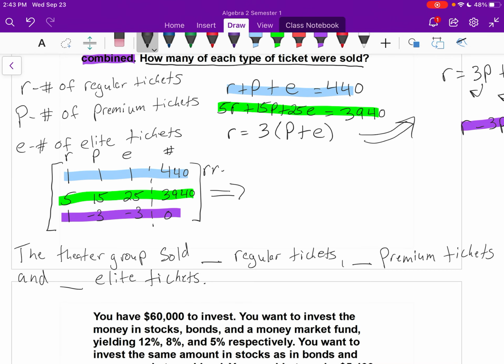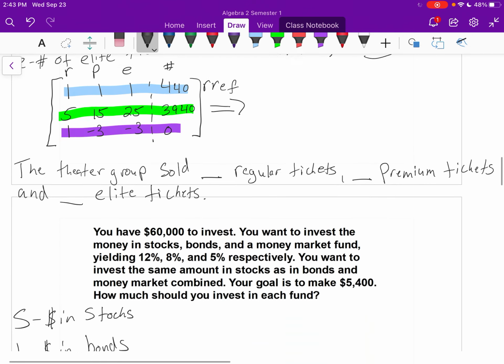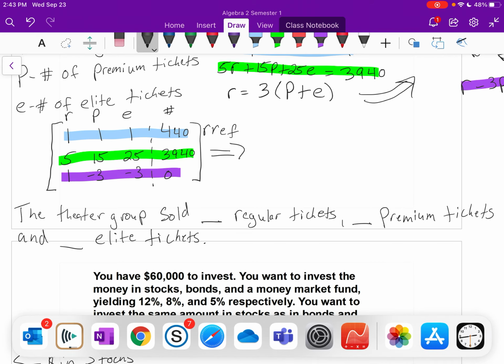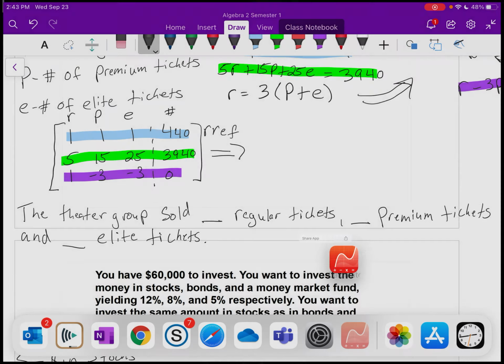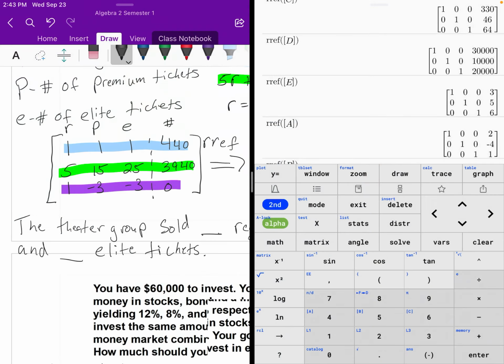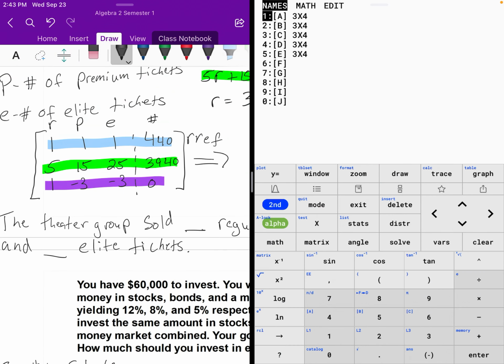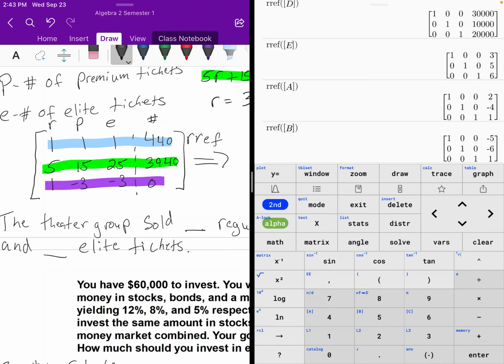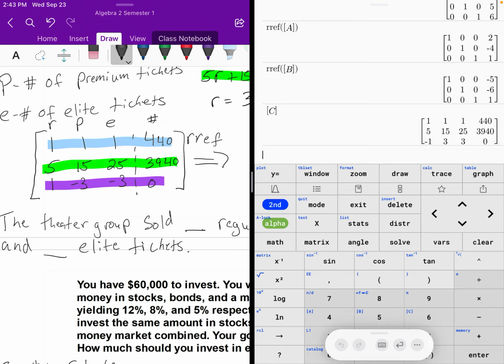We're going to go do the reduced row echelon form in our calculator. I entered all these in there already, so I'm just going to double check that. I believe I put it into matrix C. So 1, 1, 1, 440, 5, 15, 25, 3,940, and then 1, -3, -3, 0.